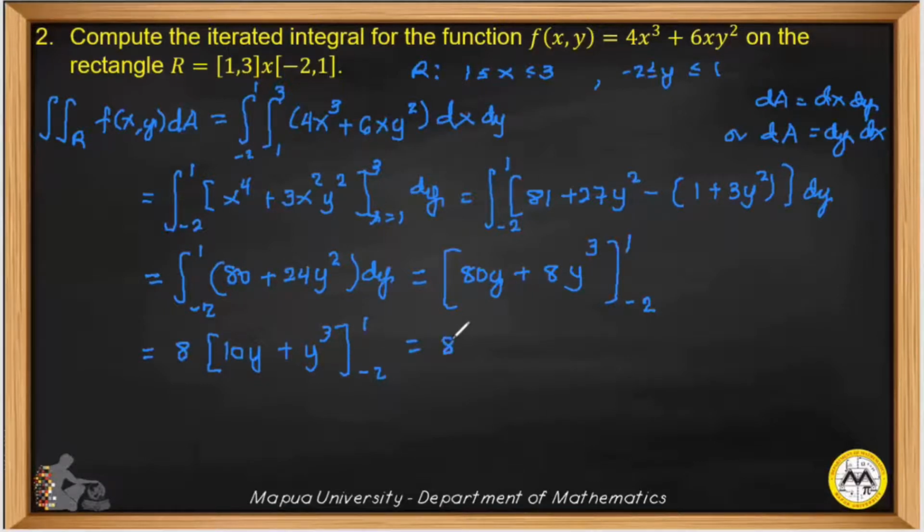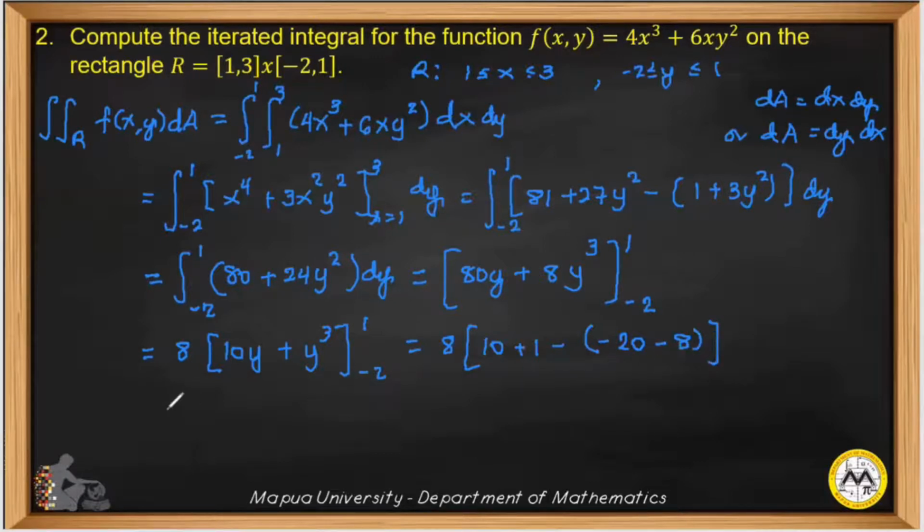So we have 8 times, when y is equal to the upper limit 1, 10 times 1 is 10, plus 1, minus the value at the lower limit, -2. When y is equal to negative 2, 10 times negative 2 is negative 20, and negative 2 raised to the third power is negative 8.